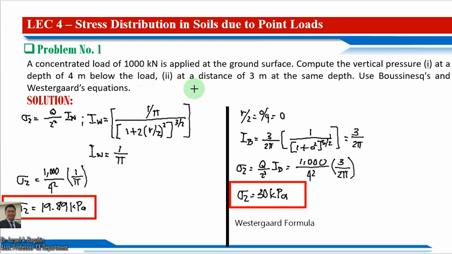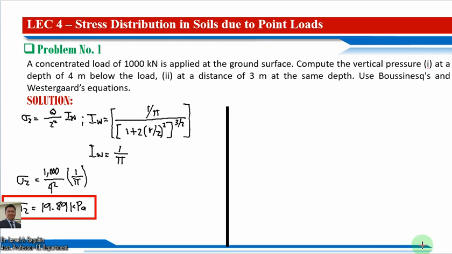So second, we are going to determine the vertical stress at a distance 3 meters at the same depth, meaning our 3 meters here is just our radial distance, or our R. Okay, so we have here our second one.